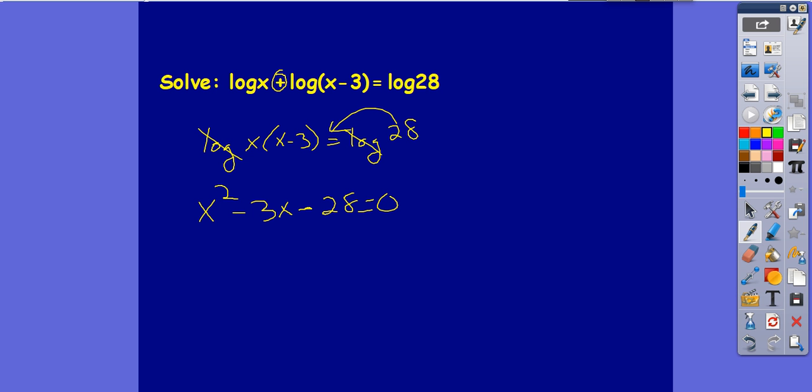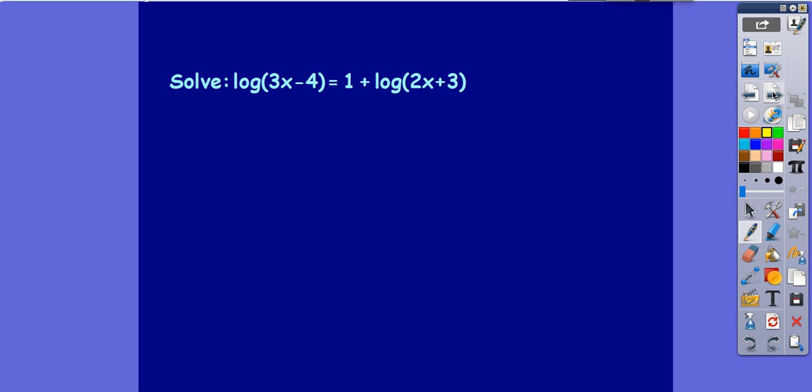When we factor it, the factors of negative 28 that when added together give x minus 7 and x plus 4. So x equals 7, x equals negative 4. You always have to plug back in and see if they work. This one doesn't, so our answer is x equals 7.